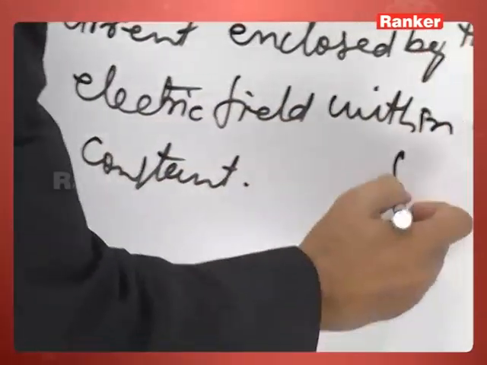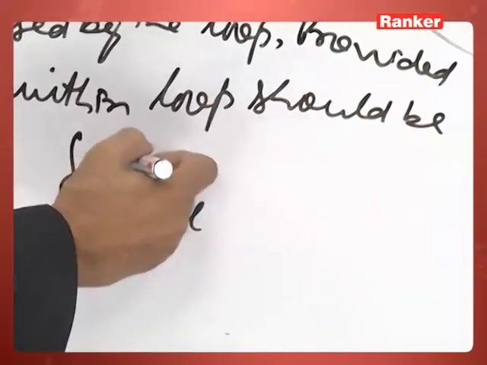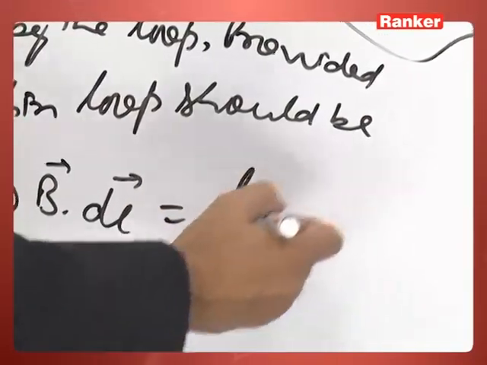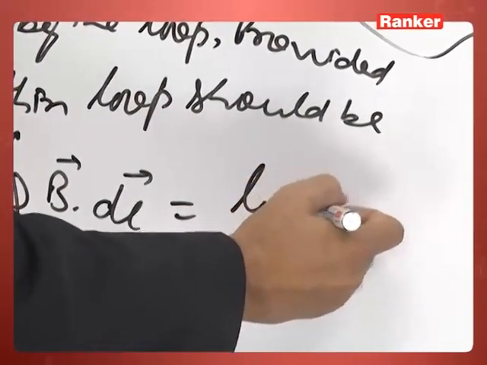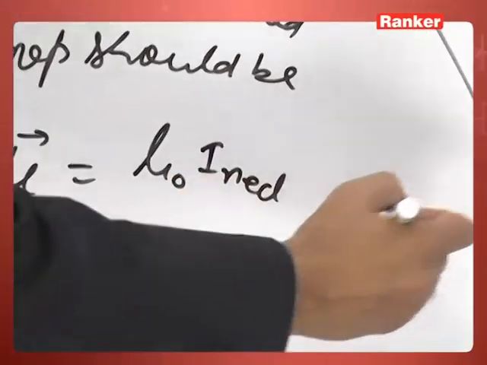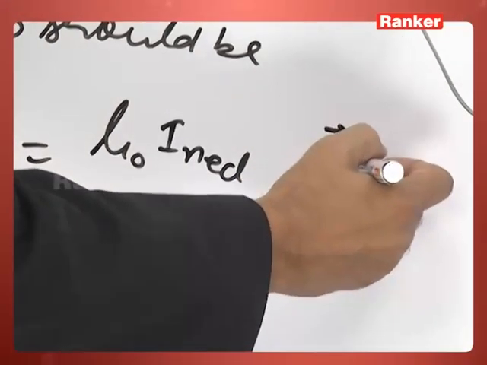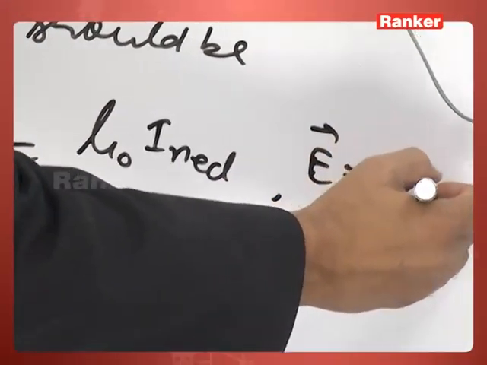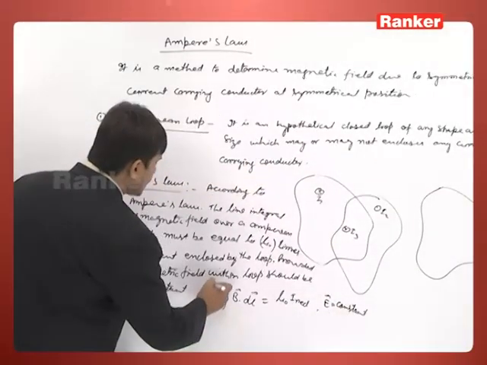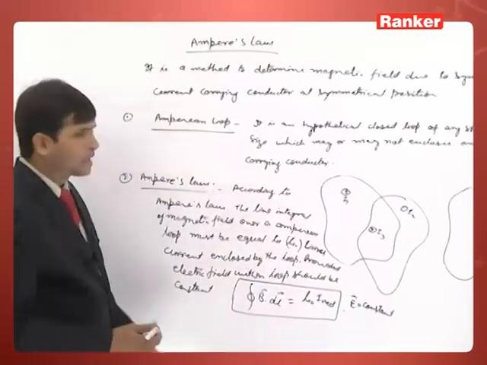So according to this rule, the closed line integral of B dot dl is equal to mu naught I enclosed, provided the magnetic field is constant. This is the actual meaning of Ampere's law.